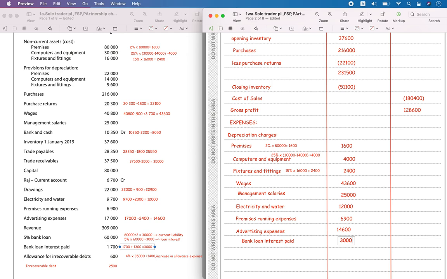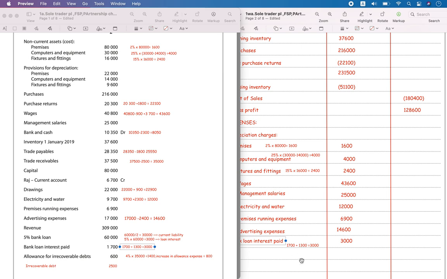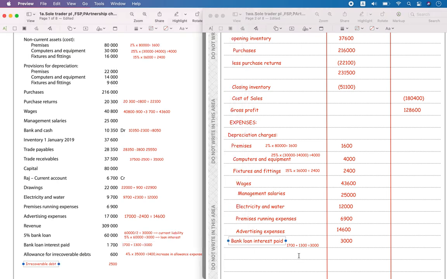We will include, I'll just paste it here so that the working can be retrieved later. So bank loan interest paid is around 3,000. It's an expense for this year, and out of it 1,300 is accrued. It is owed. It's an owed expense. It becomes a current liability.